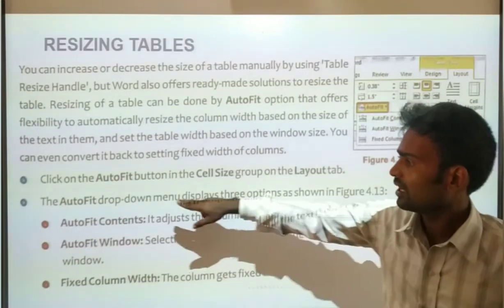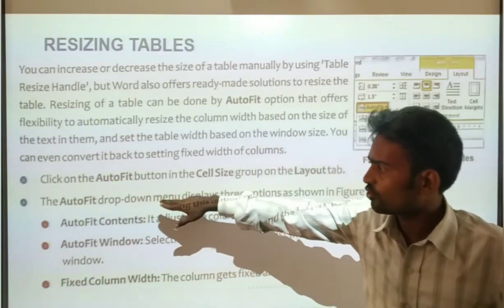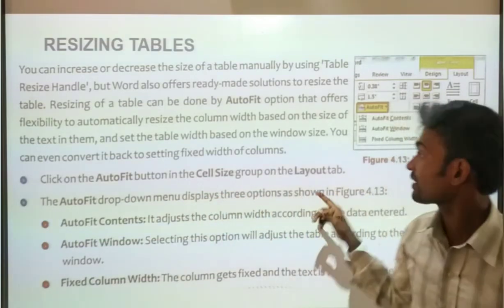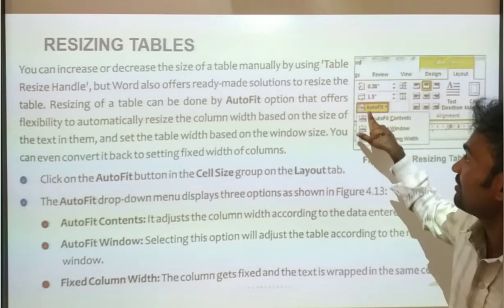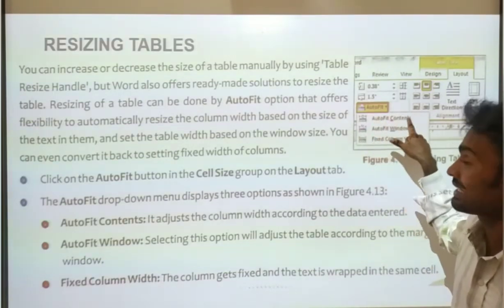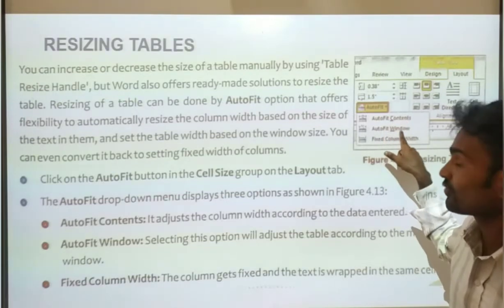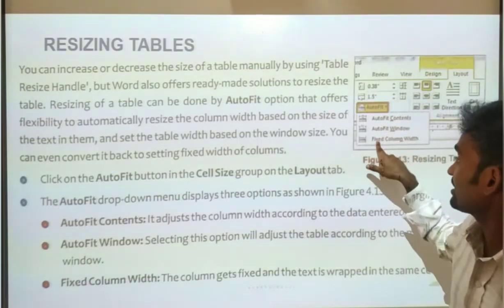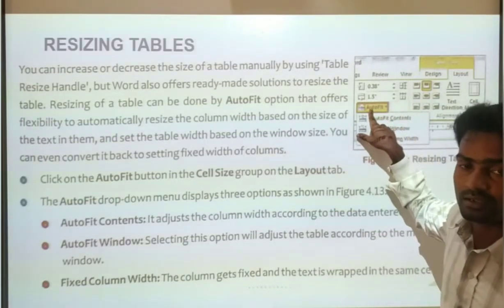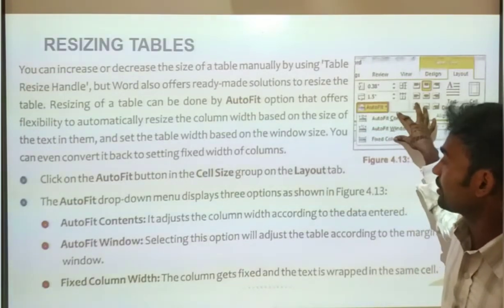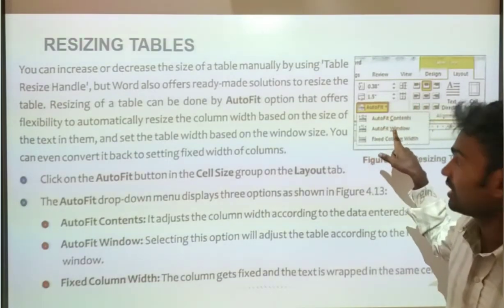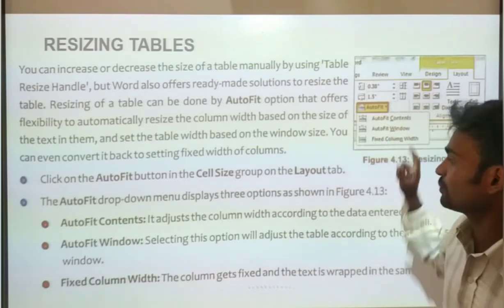The auto fit drop down menu displays 3 options as shown in the figure: auto fit contents, auto fit window, and fixed column width.